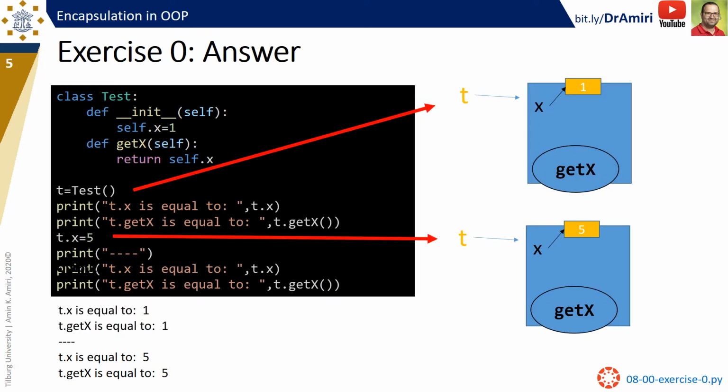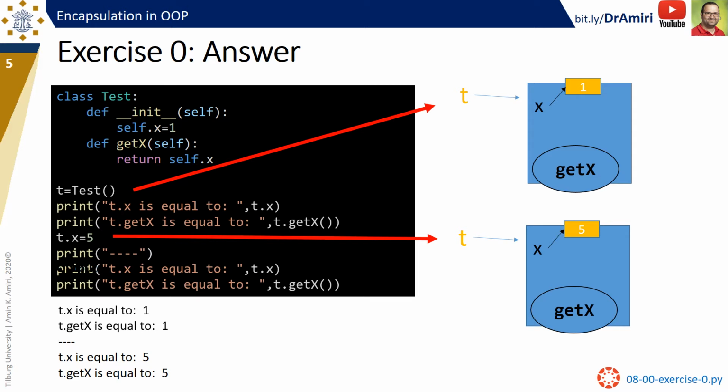Let's go over the answer quickly. So the first line is t equal to capital T Test. That creates an instance of the class Test and names it t. This line has a parenthesis after it, which means that the dunder init method has to be executed.